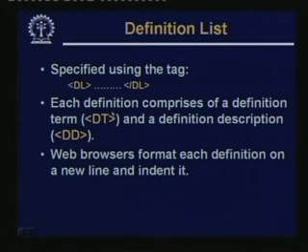Okay. So, there are two things you need to define in every list item here. For that there are two separate tags you use, one is called DT, the short form for definition term, the other is DD, which is definition description. So, if you have such a list, the web browsers can automatically format the definitions by starting each definition on a new line and composing the definition in a suitable way.